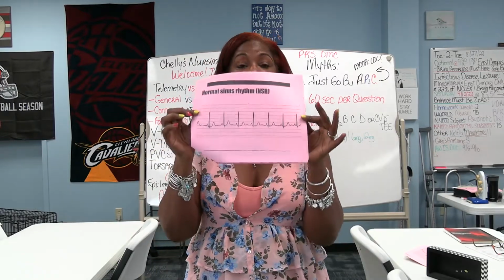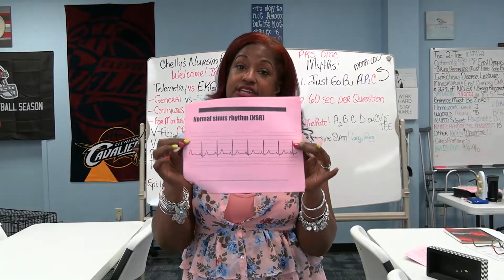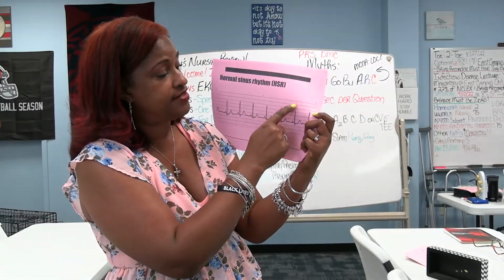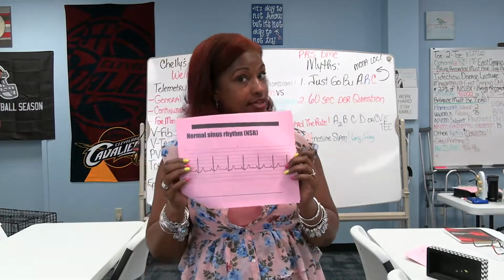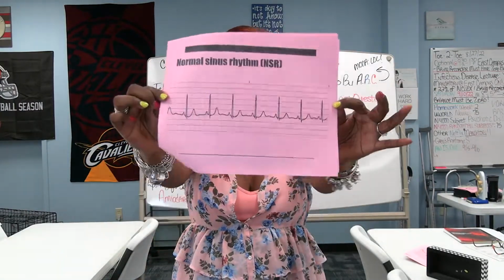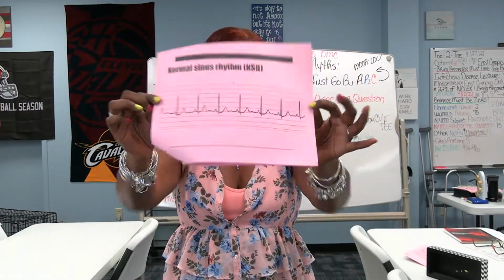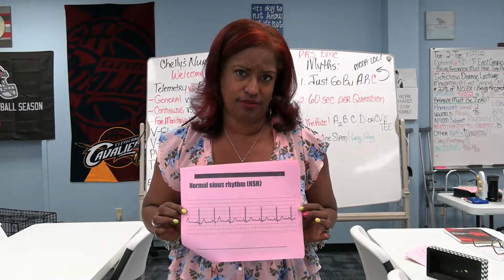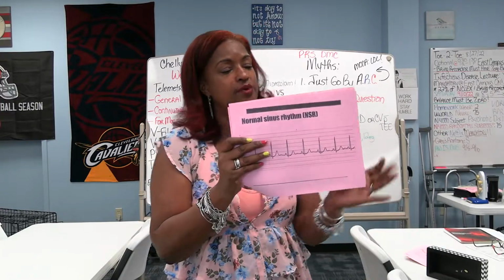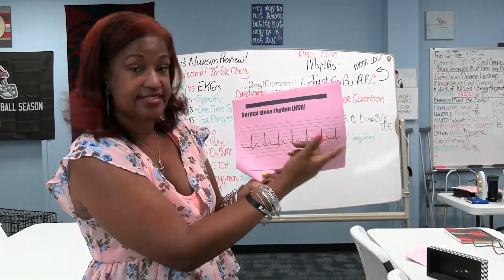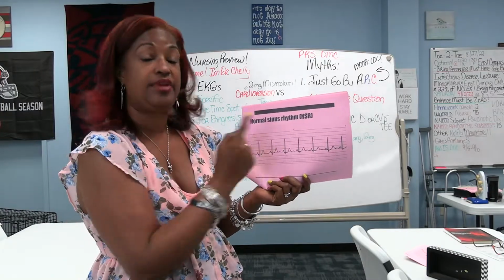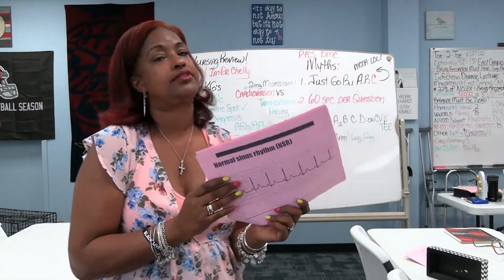So if this is based on a 6-second strip, then 7 times 10 means that this heart rate is 70. I bet I have not lost any of you, because that was kindergarten or even preschool. So stay with me. Here we have a 6-second strip, a heart rate of 70, because that's how many R's you have.